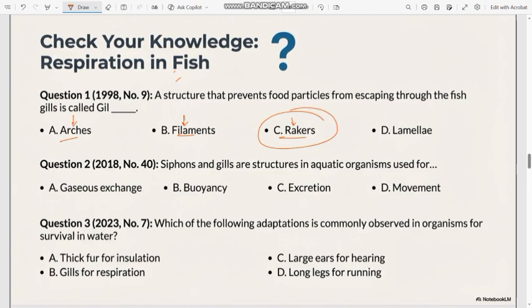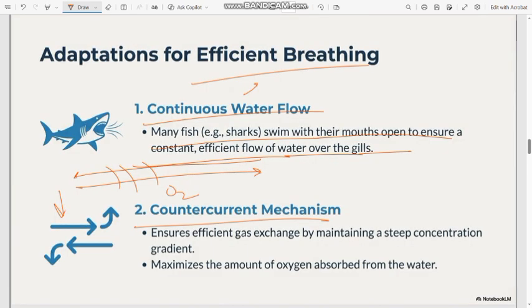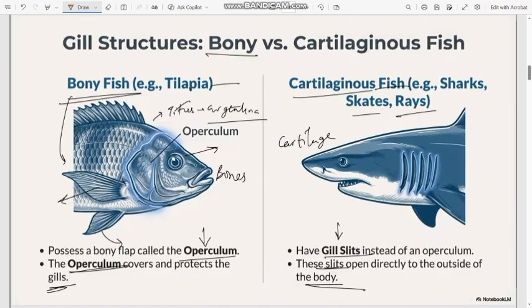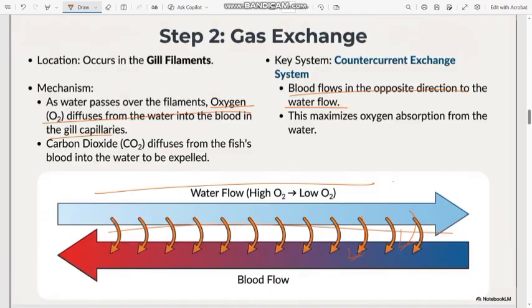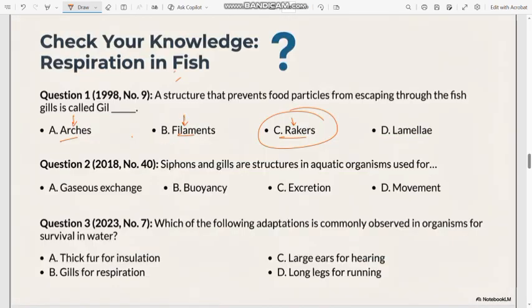The arches is for holding the gills firmly to the operculum. So the only one that prevents food substances from escaping is the gill rakers.